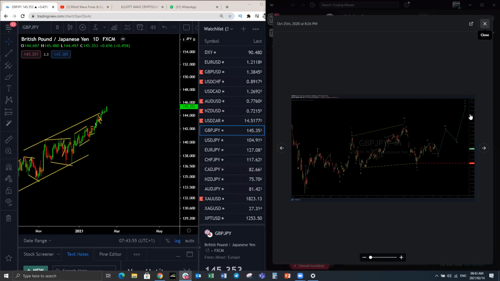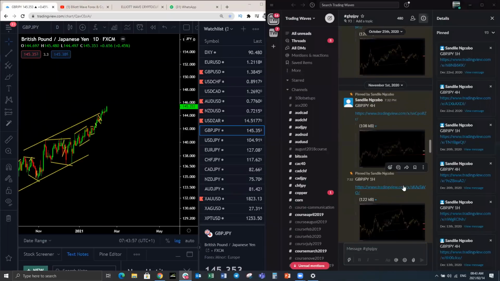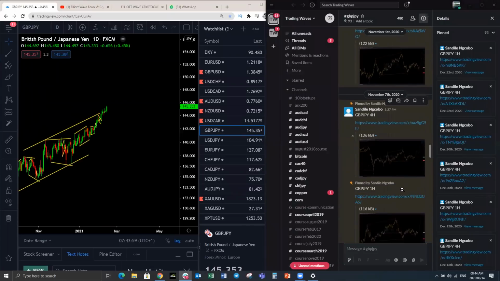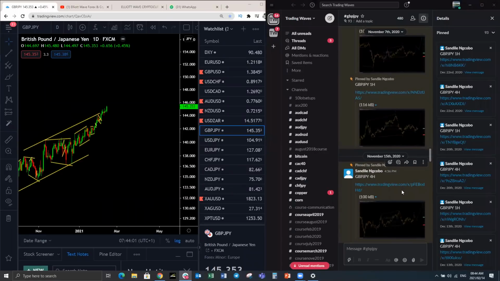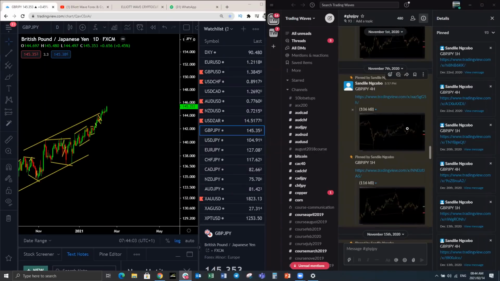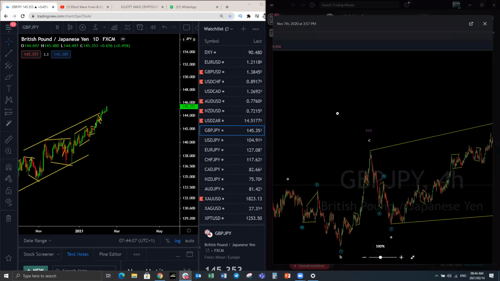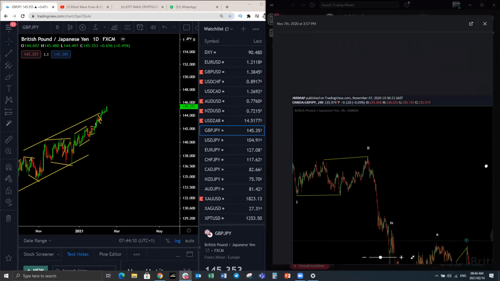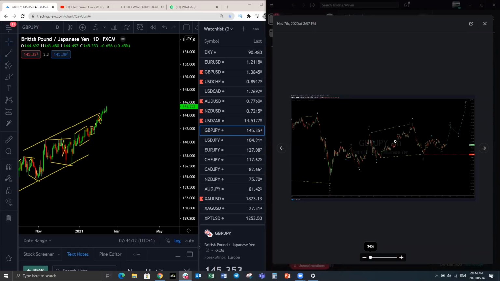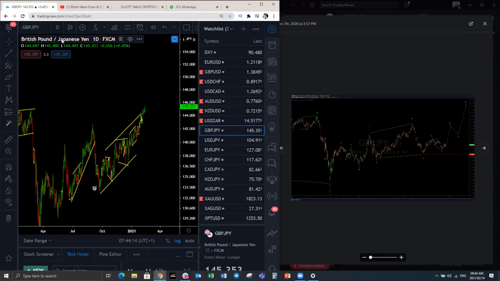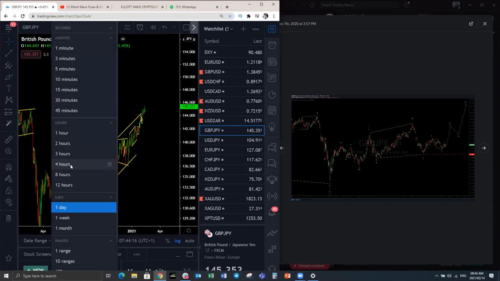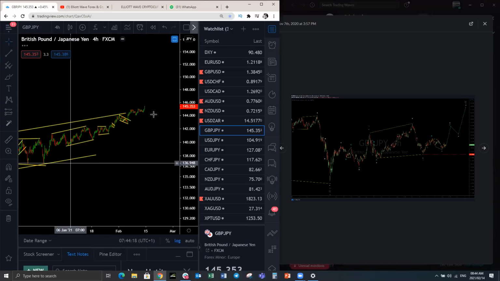Right, let's look for more. Let's have a look here. I want you to look at this chart here. This is a 4-hour chart. Let's put this one on the 4-hour as well, so you can see where this came from.